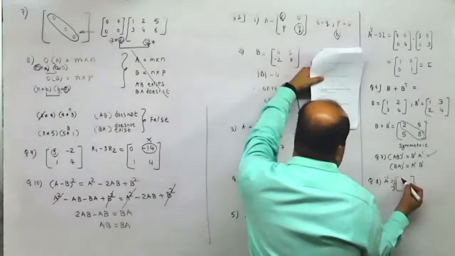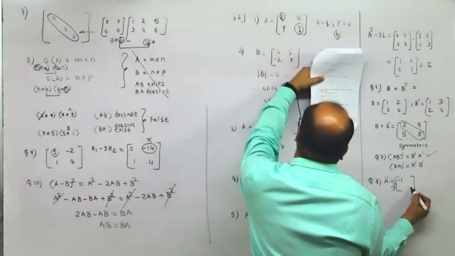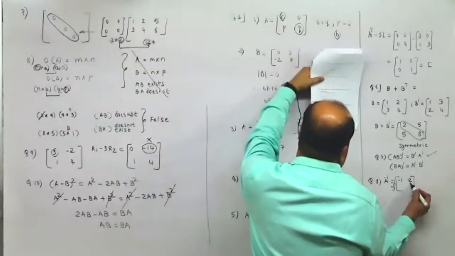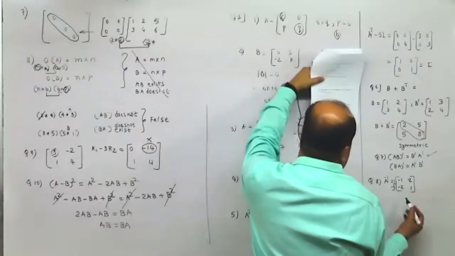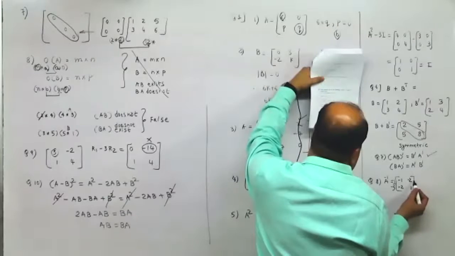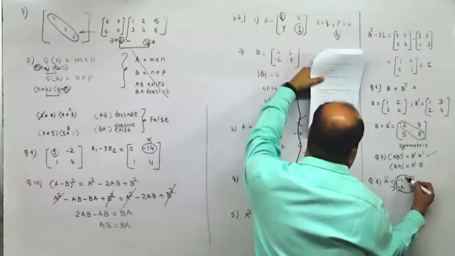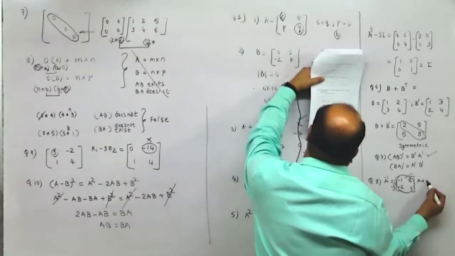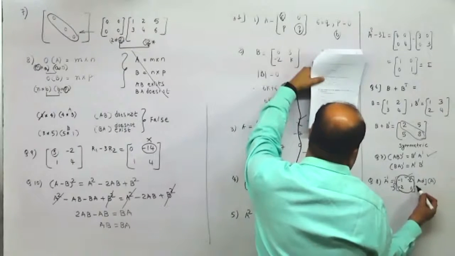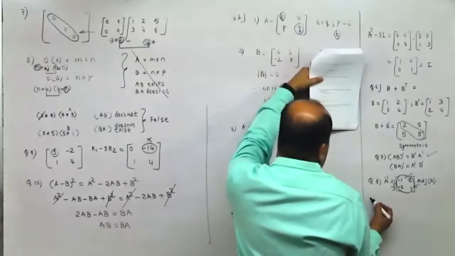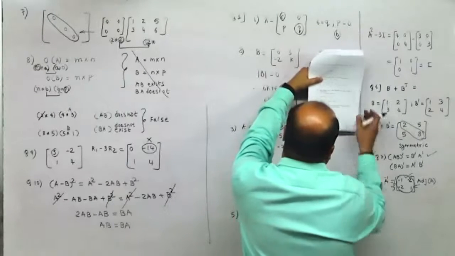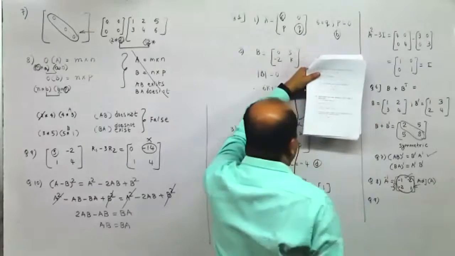And here I'll just interchange the elements, and here I'll change the sign. So adjoint of this would be, this is the adjoint. Adjoint would be minus 1, this one. Is that adjoint? Yes, sir.